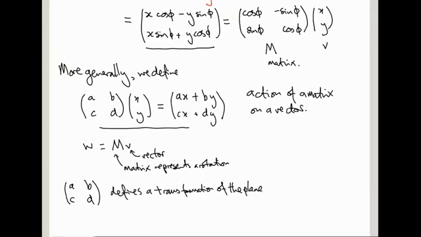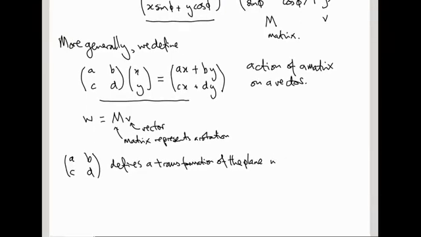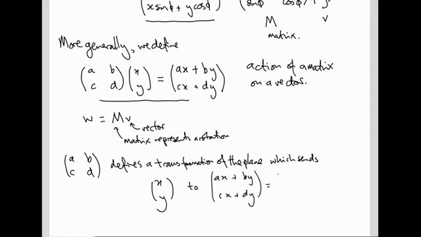All sorts of transformations you can get this way. It defines a transformation of the plane which sends x, y, the vector xy, to ax plus by, cx plus dy. In other words, a, b, c, d times x, y.